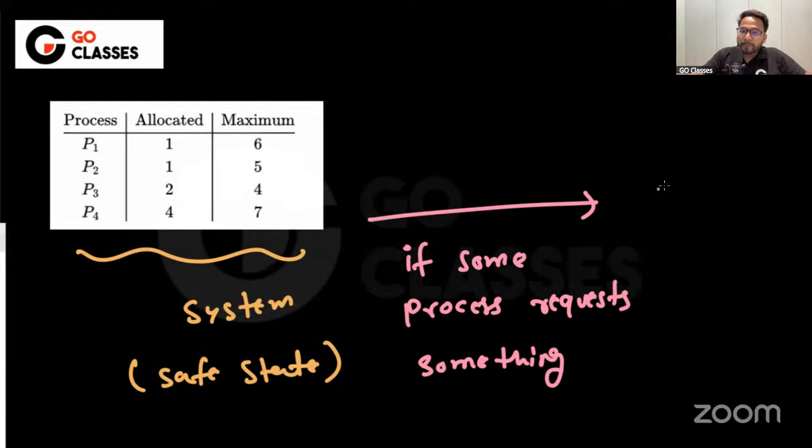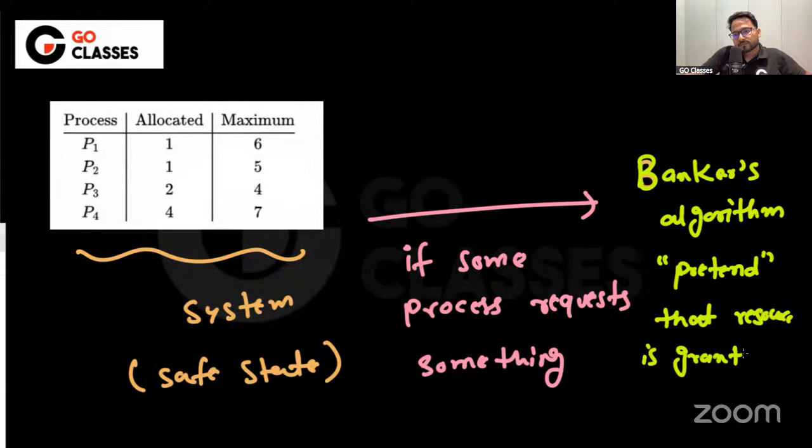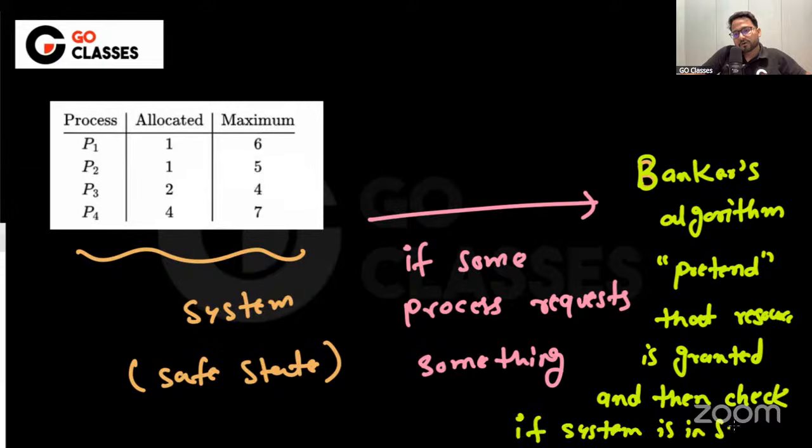The banker's algorithm pretends that the resource has been granted, and then checks whether the system is in a safe state or not. Safe state. Have you understood now?